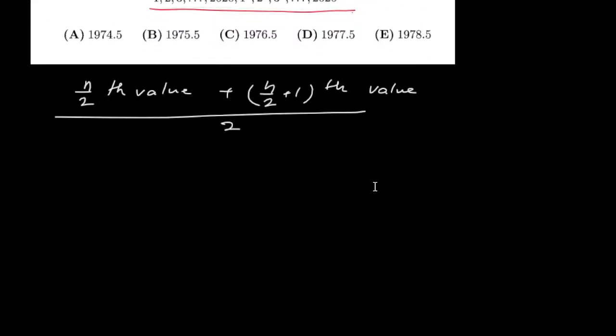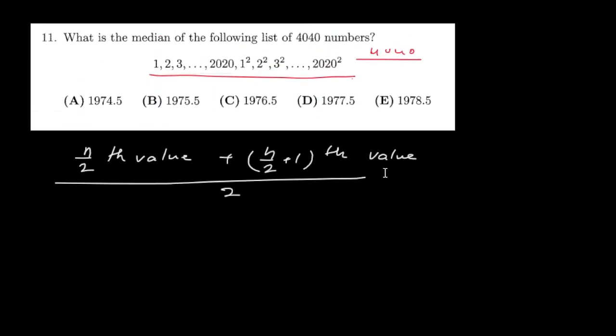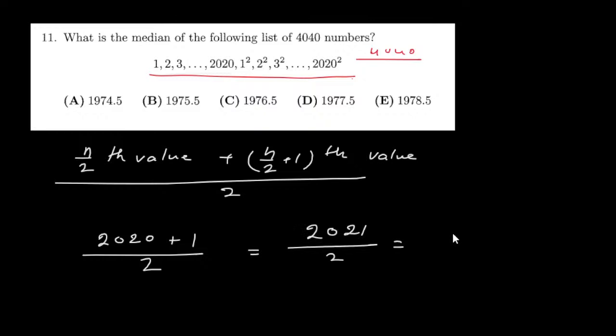So n is 4040, n divided by 2 is 2020. At 2020th position I have 2020 only, and then the next number which I have is 1, so I will take the average of this. So this is 2021, and the average of this is 1010.5.